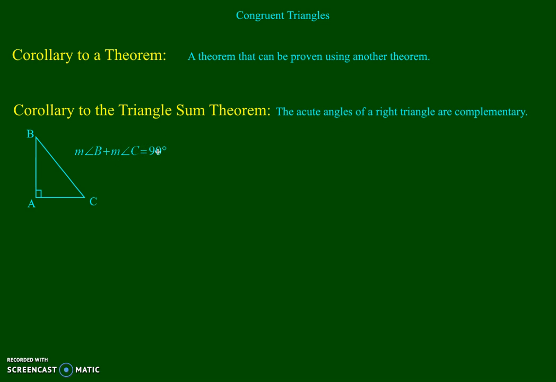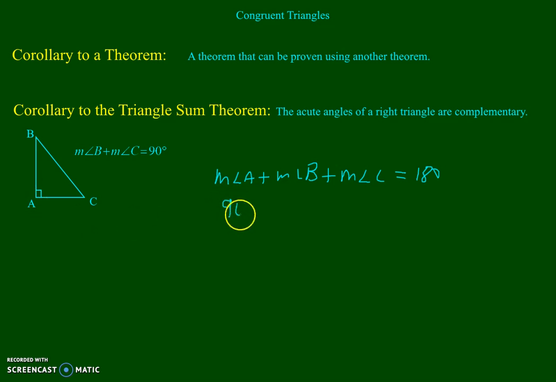Remember, the triangle sum theorem says the sum of the measures of the interior angles of a triangle is 180 degrees. So if we look at this from that standpoint, we can see that the measure of angle A plus the measure of angle B plus the measure of angle C equals 180. Now you can see that angle A is 90 degrees.